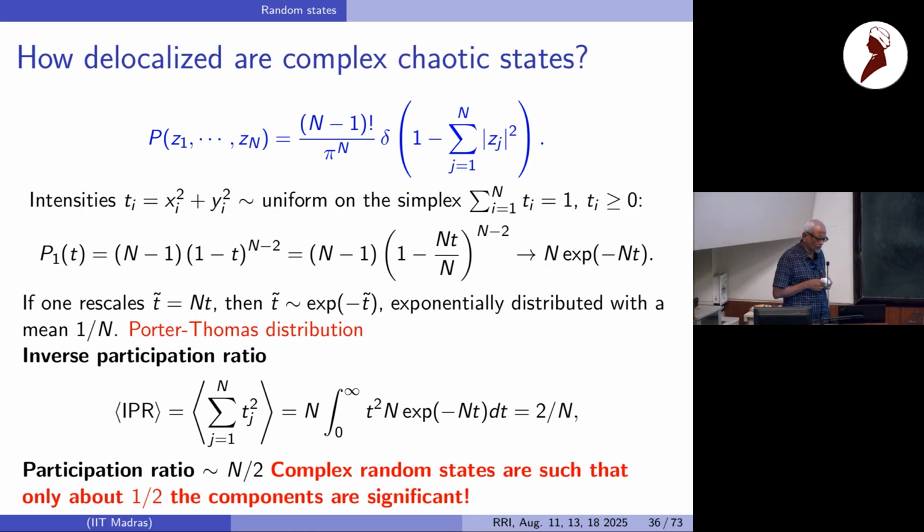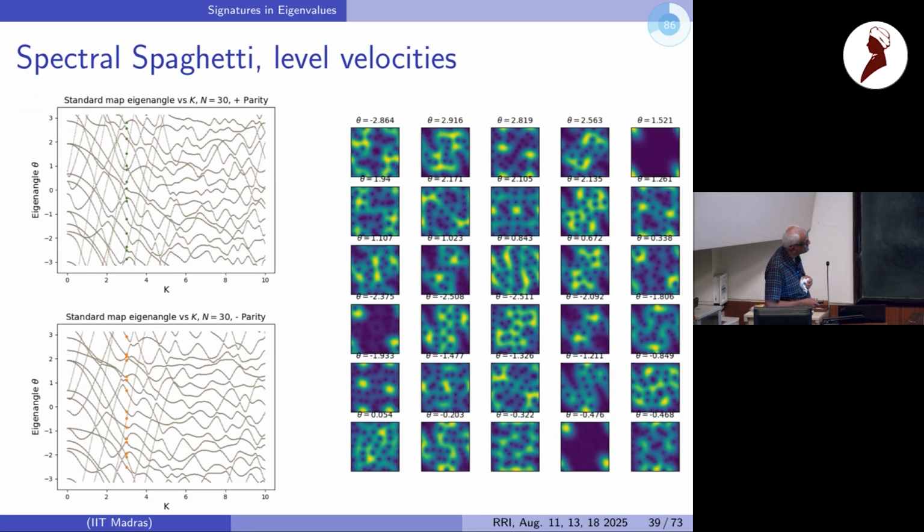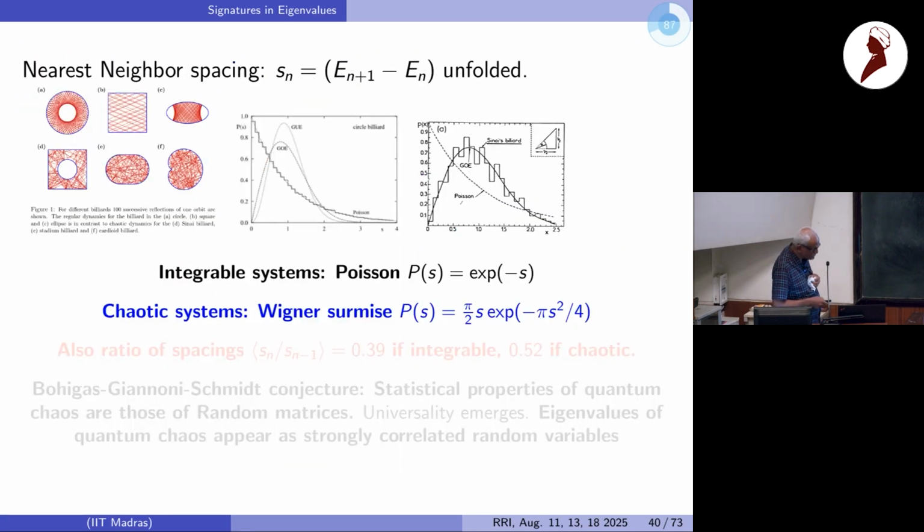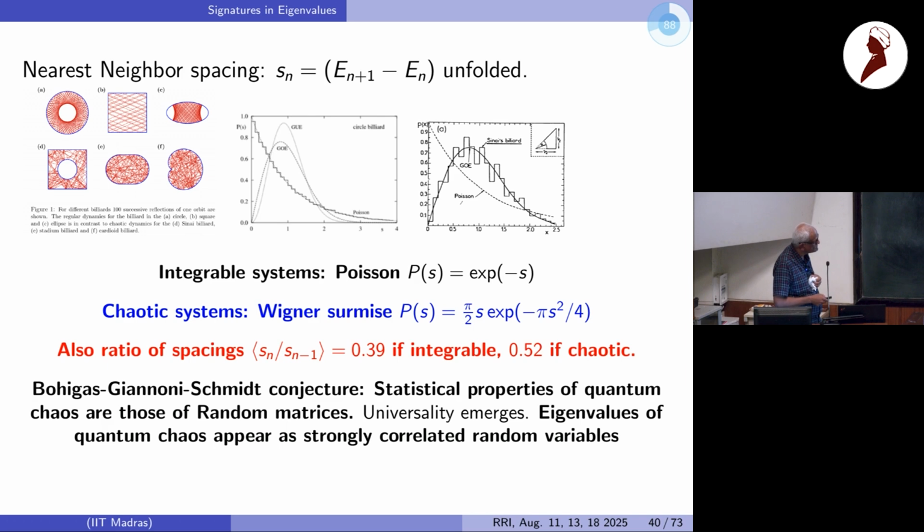You can get away with that. Whereas eigenvalues are much fewer in number and much more correlated. They are strongly correlated random variables, so their model is a different kind of random variable than the eigenfunctions.